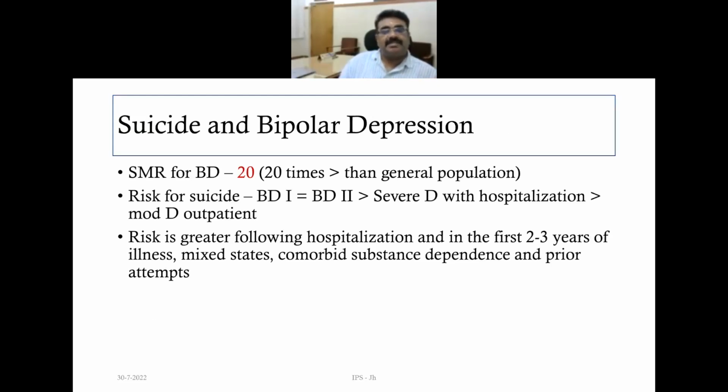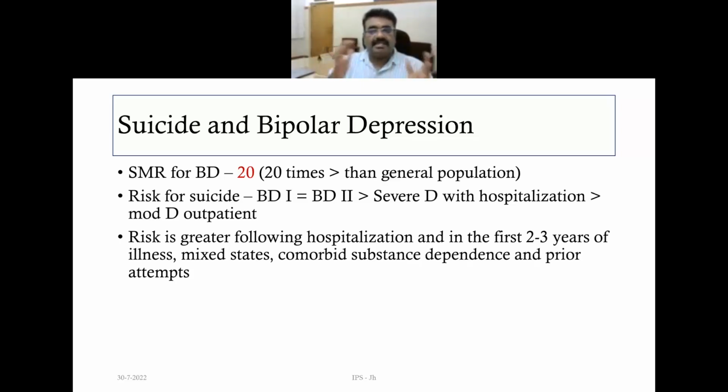It's important to remember that suicide is very common in bipolar depression. The standardized mortality ratio for suicide in bipolar disorder is 20 times more than the general population. What are the risk factors for suicide in terms of the illness itself? The risk for suicide is quite similar in bipolar 1 and bipolar 2. It's greater in patients with severe depression requiring hospitalization as compared to moderate depression treated on an outpatient basis.